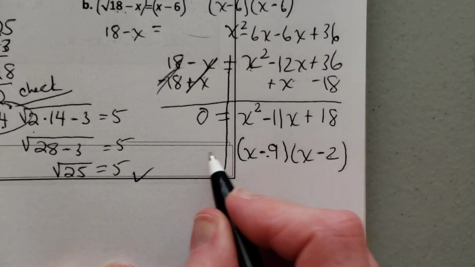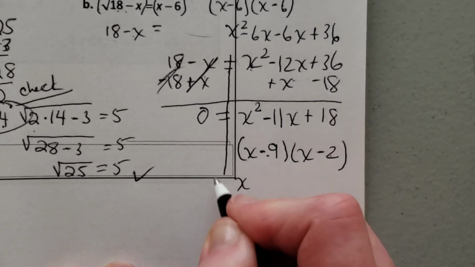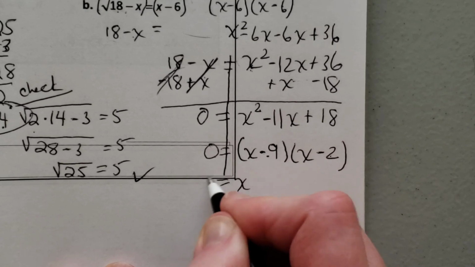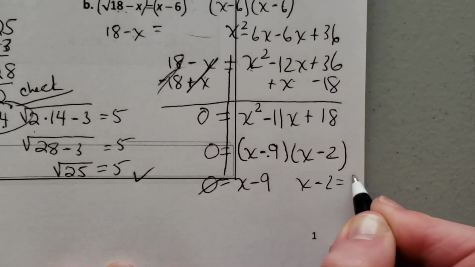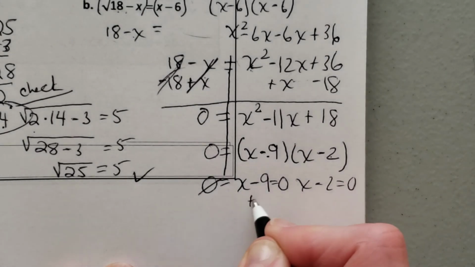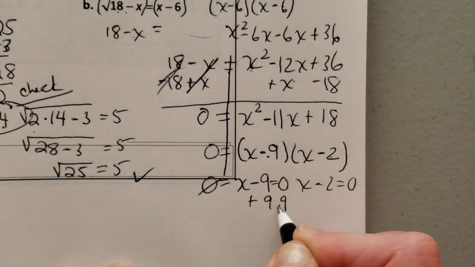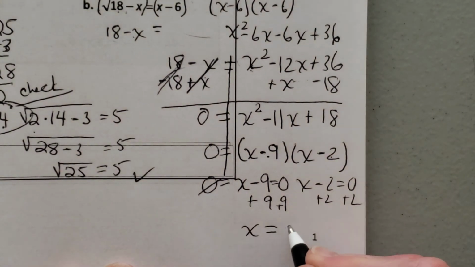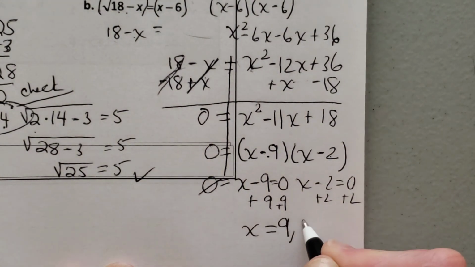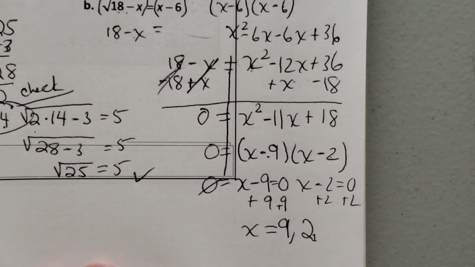So then I want to set both of them equal to 0, because it is set equal to 0. So I'm going to set both of them equal to 0, which means I would add 9 to both sides. I would add 2 to both sides. So x is equal to either 9 or 2 or both.